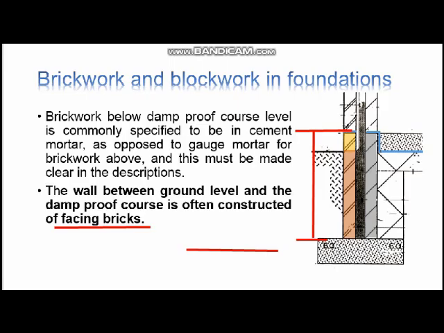Facing brick is a bit expensive and it is used for aesthetic purposes. You can use this brick even without plastering the surface because the surface is already aesthetic. Meanwhile, for the brick that is not seen outside, meaning in this case underneath, you can use the common brick, which is much cheaper.